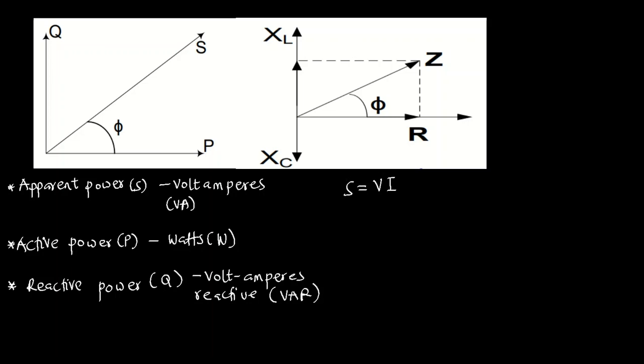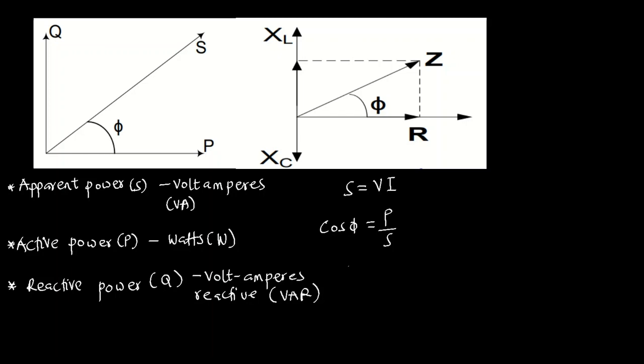From the phasor diagram that we have here, we can see that cosine of phi will be equal to the adjacent side over the hypotenuse, right? So that would be P over S, which is the active power over the apparent power.